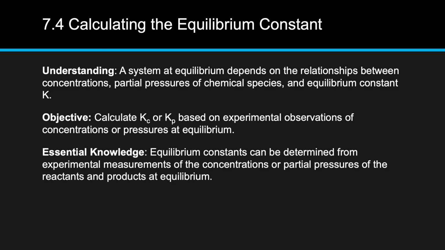And because K reflects the ratio of products to reactants at equilibrium, its magnitude is going to provide some insight into whether a reaction is either reactant favored or product favored, making the calculation of K a really important skill for solving equilibrium problems throughout Unit 7.